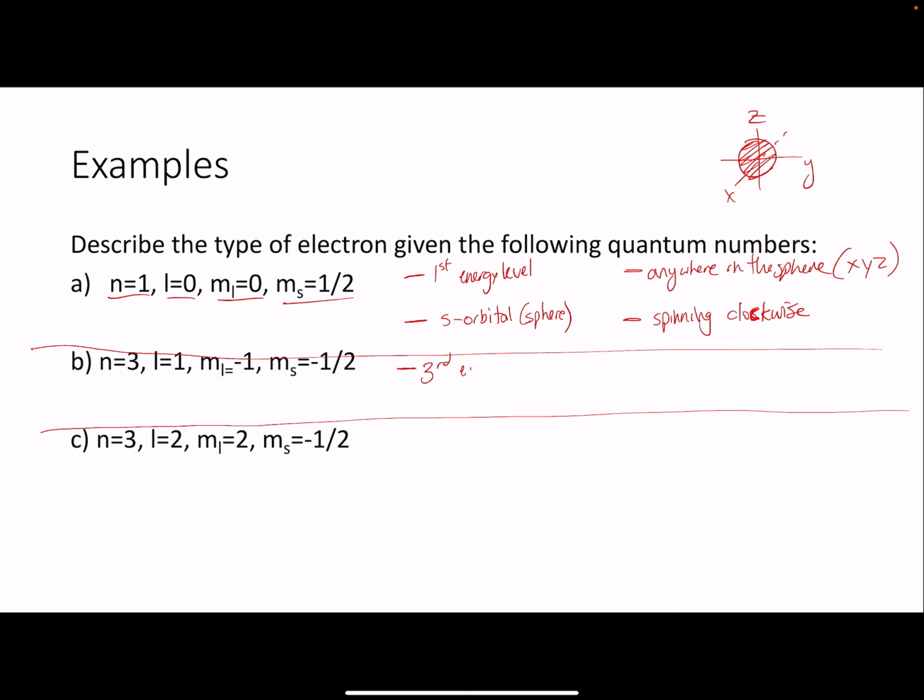The third energy level. So this would be like the third circle in a Bohr diagram. L equals 1 means a p orbital, which is that dumbbell shape. ML equals -1. So don't forget, this is representing your XYZ planes.